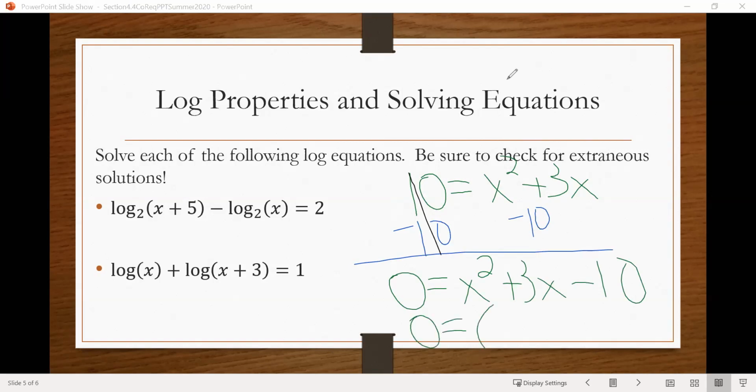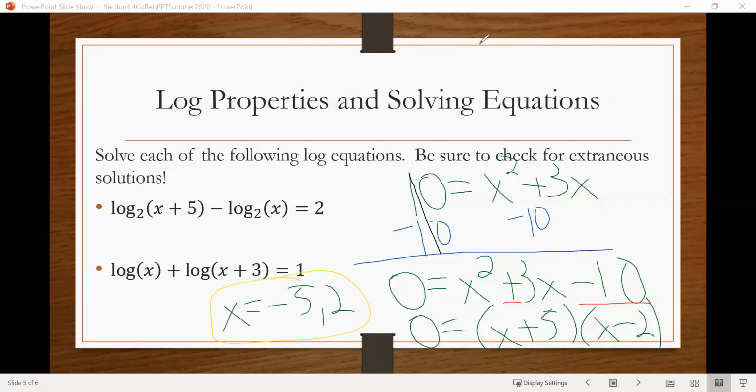If we use factoring, we'll find two numbers that multiply to negative 10, add to positive 3. So this would become, I think, x plus 5, x minus 2, because 5 times negative 2 is negative 10, and 5 plus negative 2 is positive 3. And so from that, we get that our values of x are negative 5 and 2.